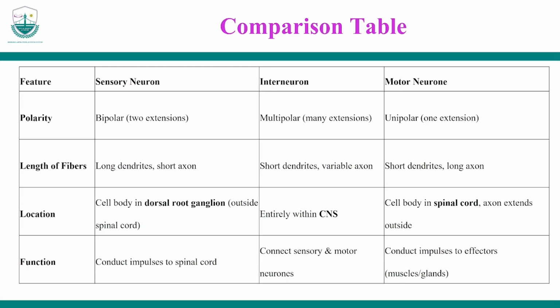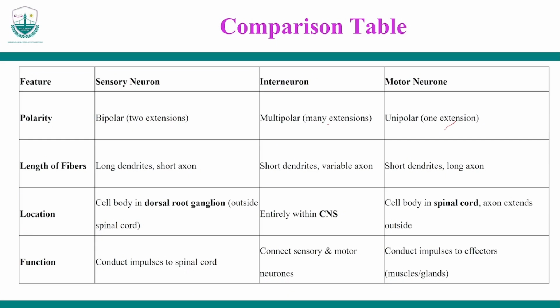So comparison in terms of structure, sensory and motor neuron, they are usually unipolar, and then interneuron, which are basically the relay neuron, they have multiple extensions, and that is basically logical because they terminate into the ends of the relay neuron.